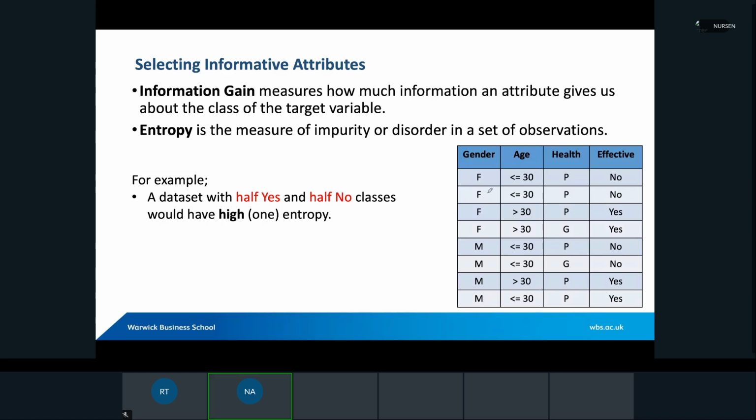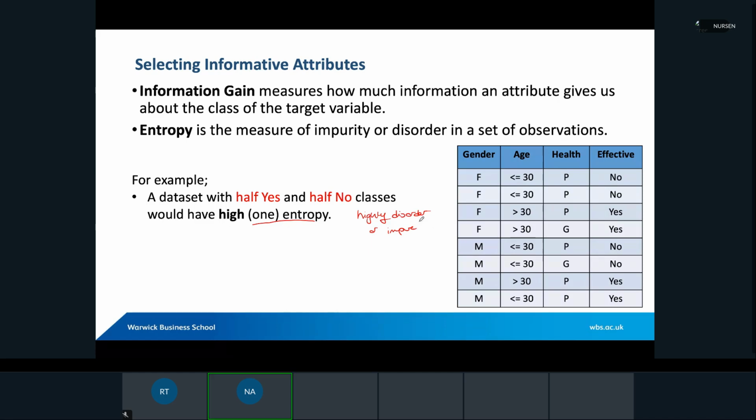If we have a data set with 50% yes, 50% no, or maybe you can have multiple classes, like yes, no, or in between, or maybe we are classifying according to blood types. So we have multiple outcomes. If we have an equal amount from each, this is highly disordered or impure, and entropy is 1. If we have only one particular outcome, it is pure.